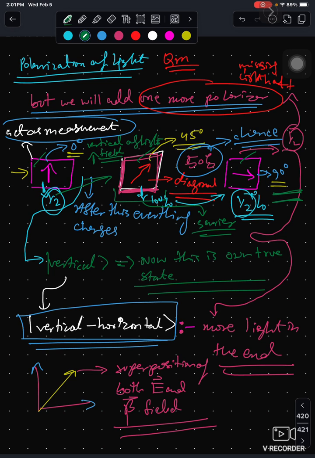What I mean by collapse of the wave function is that the light had this wave function, but here it changed into another wave function, and then there it had another.